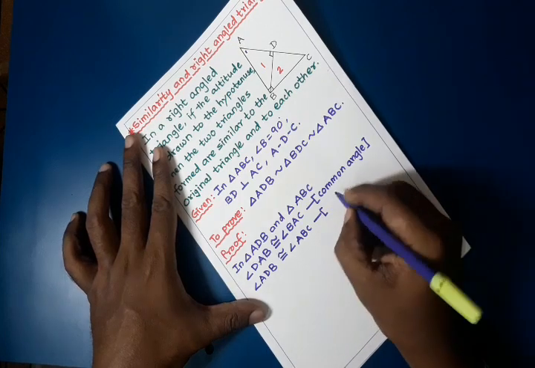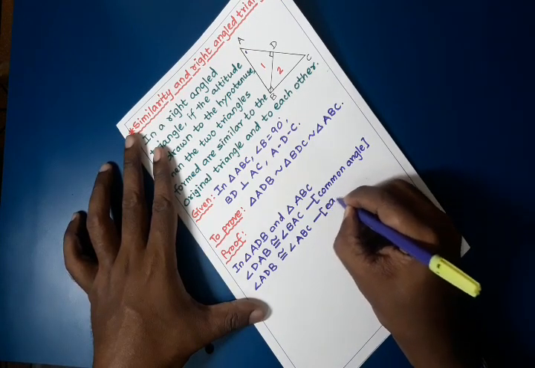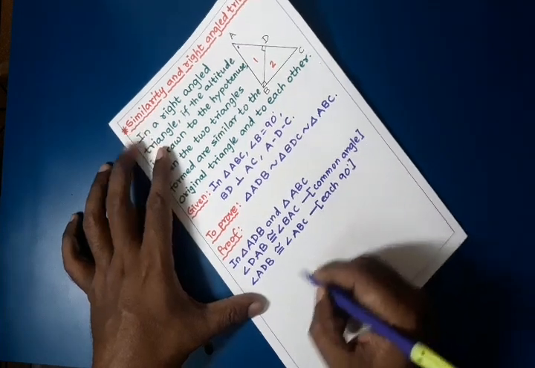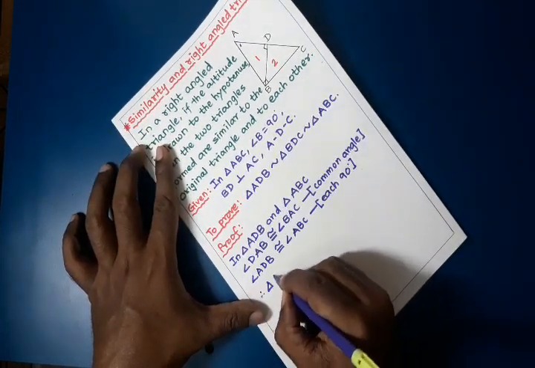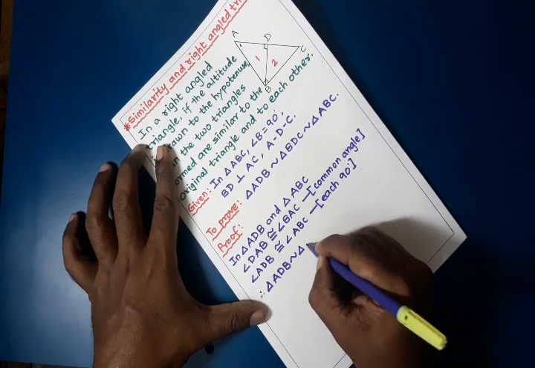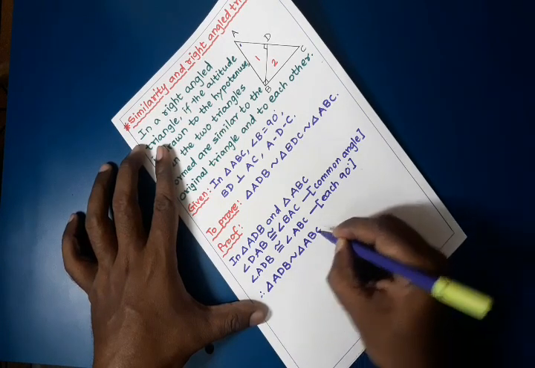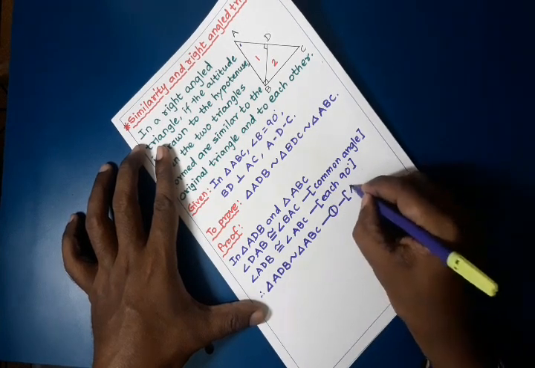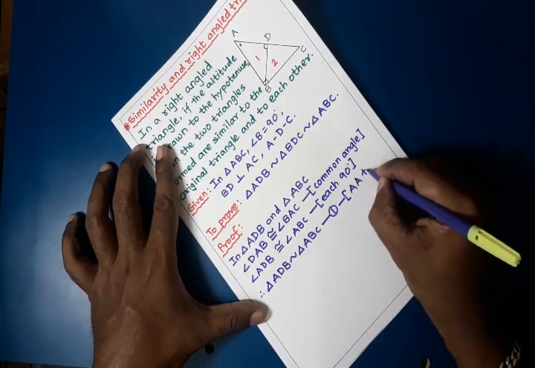You can give here the reason, each angle is 90 degree. So therefore I can write triangle ADB is similar to triangle ABC, and I will give the reason as number 1, and the reason is AA similarity test.